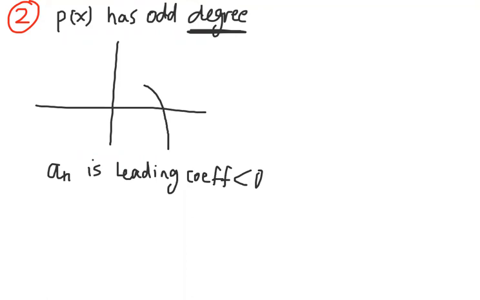This means when x goes to a large number, then y goes to minus infinity from the graph.